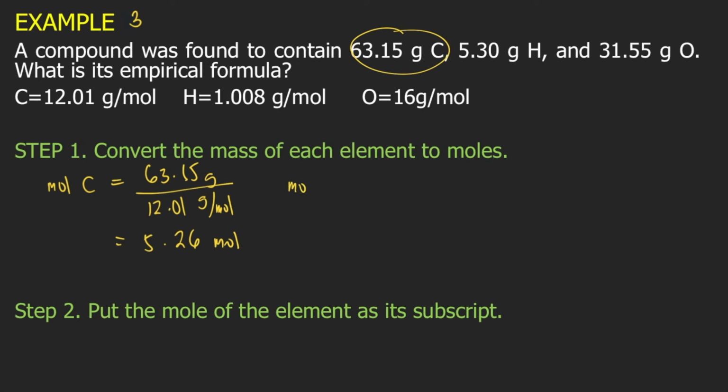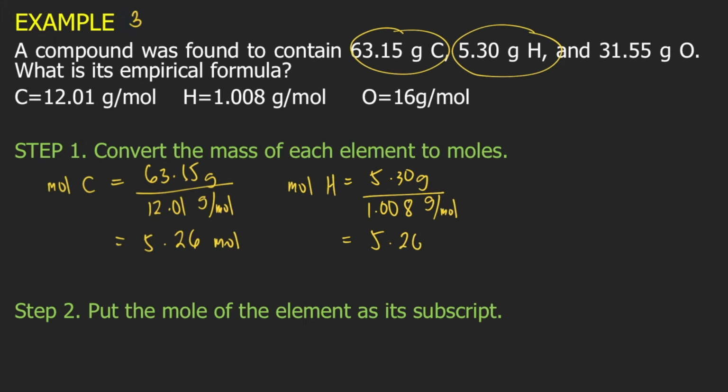For hydrogen, we are given 5.30 grams, divided by the molar mass of 1.008, and that is equal to 5.26 moles.